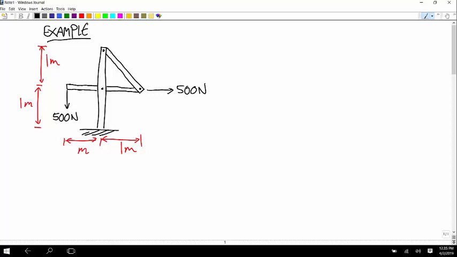Oh, each is 1. Okay, so that's square root of 2. So this length is 1.4142, whatever. I don't know why I have so many decimal places.